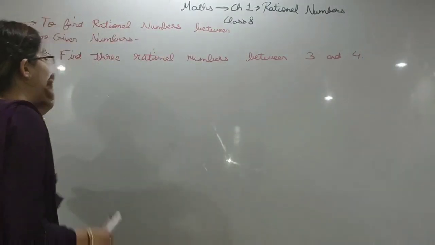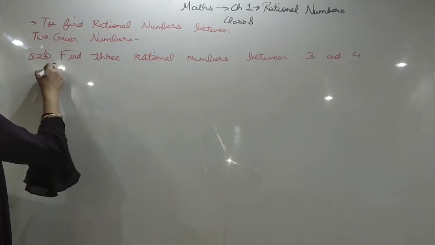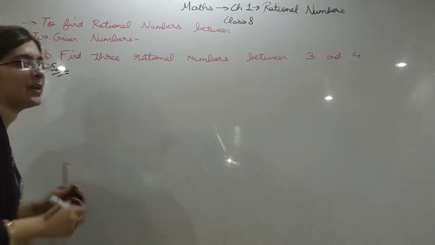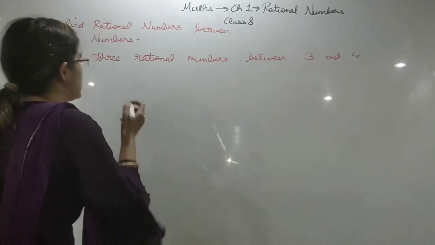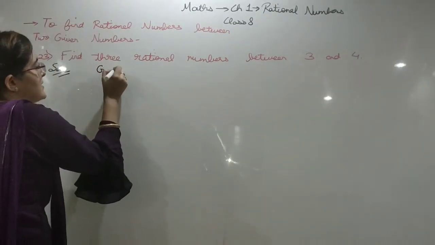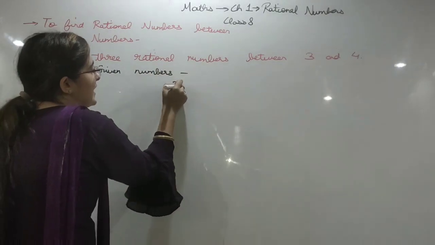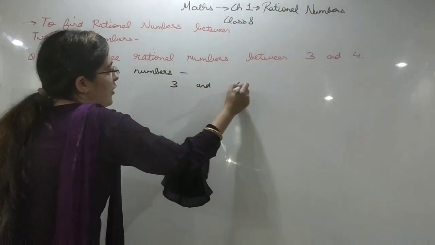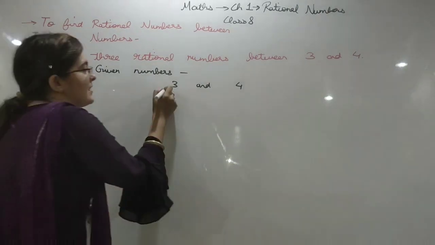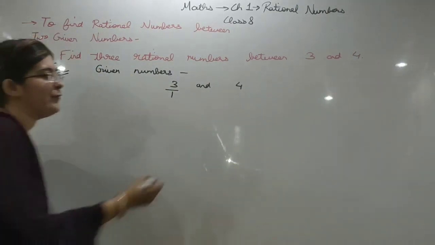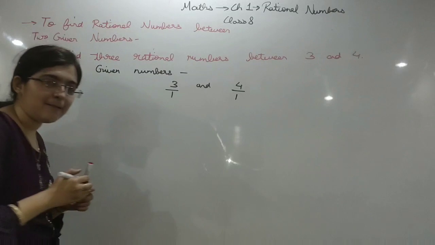Okay, so let's start. All of you first concentrate here. Try to see the steps, how we are doing it. First we will write the given numbers. What are your given numbers? 3 and 4. We can write 3 as 3 by 1 and 4 as 4 by 1.